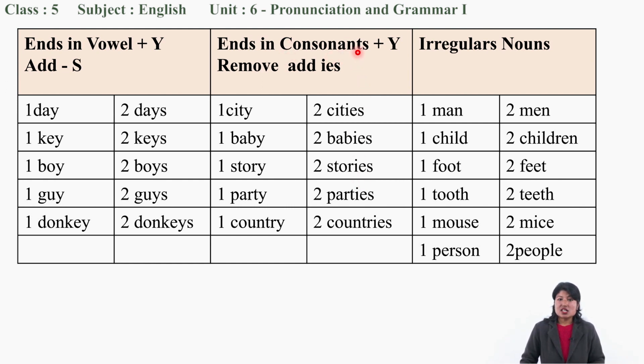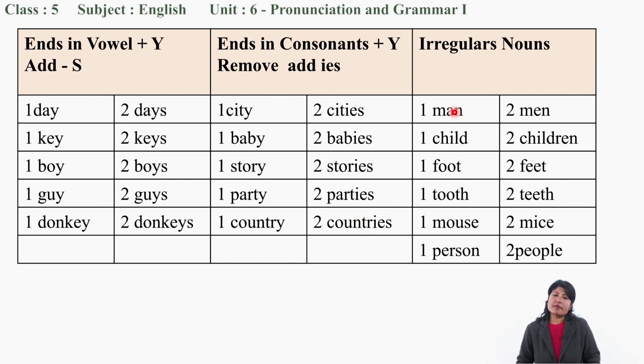Because before the y there is a consonant. The letters except A, E, I, O, U are consonants. Consonant plus y, that's why ies. Cities, babies, stories, parties, countries.